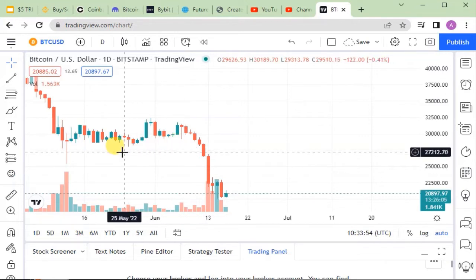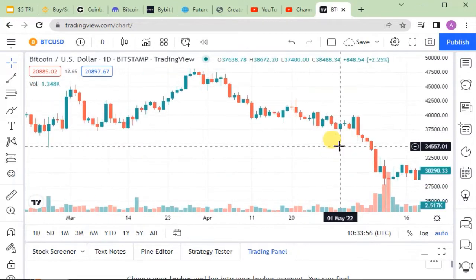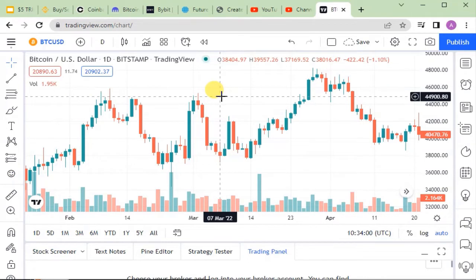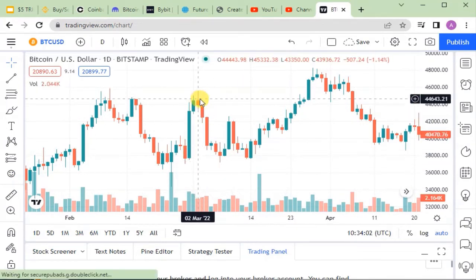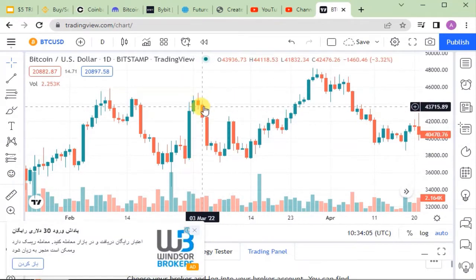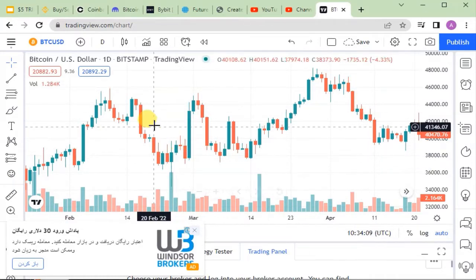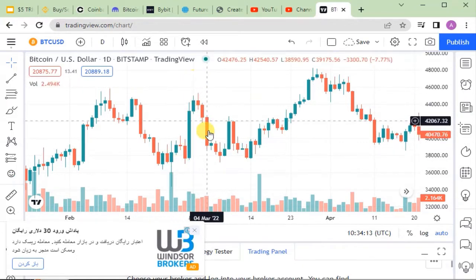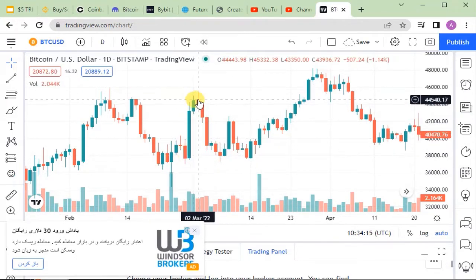Let me give you a good example. Let's assume that, after doing some forecasting and calculation, I discover that this market that has gone up is going to come back to some point at this level.